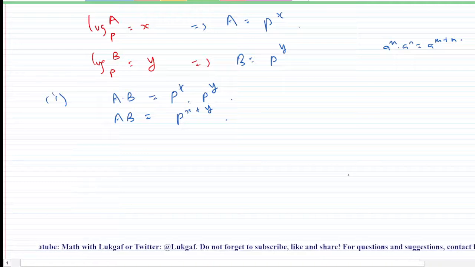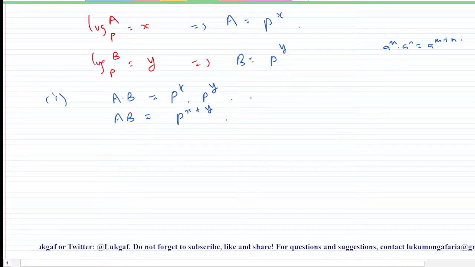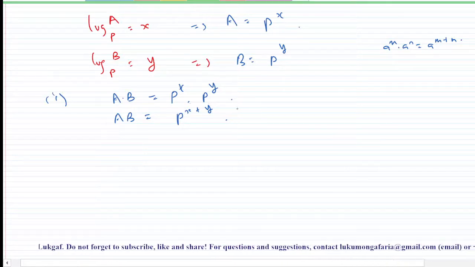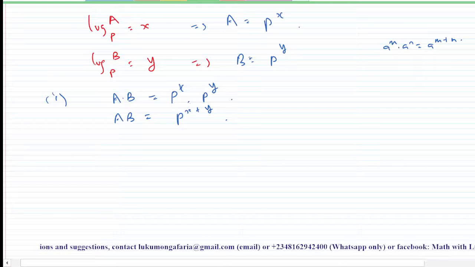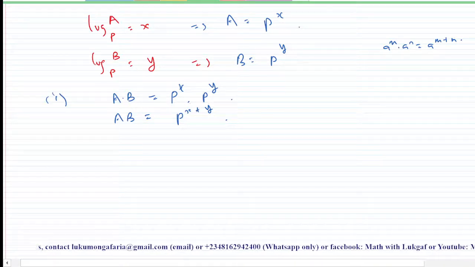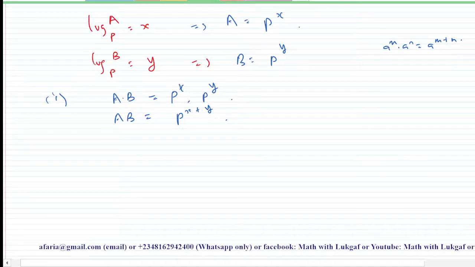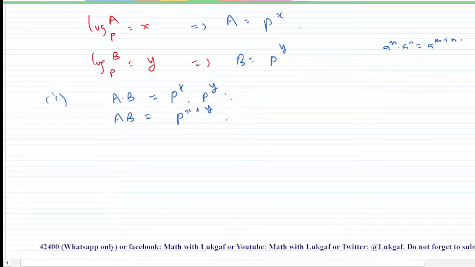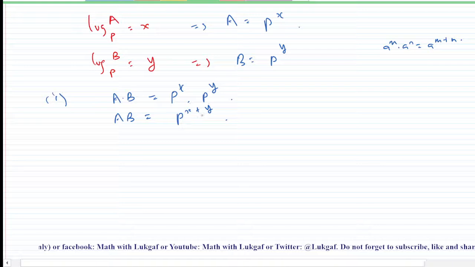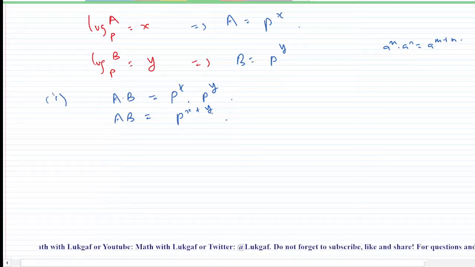So going back to what we have here, the product of p raised to power x and p raised to power y is p raised to power x plus y.